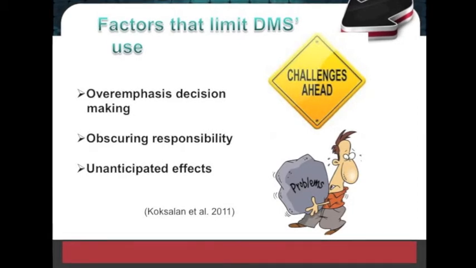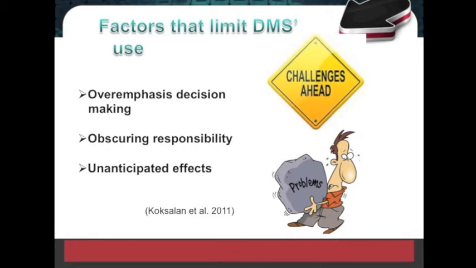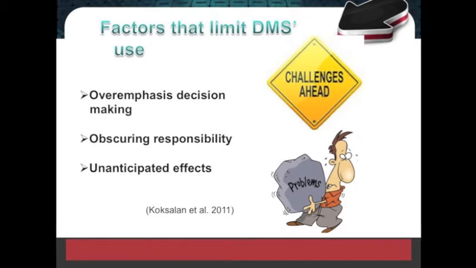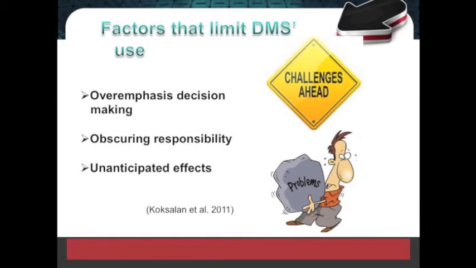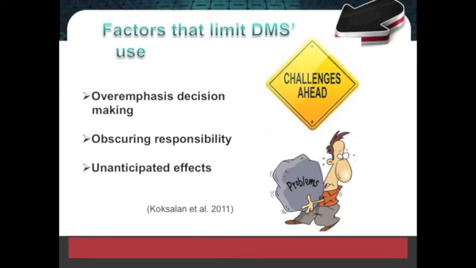The second one is obscuring responsibility, as some people may deflect their personal responsibility to the software because once the decision does not work well, no one can blame a computer. Finally, unanticipated effects might be a potential problem that limits decision-making software's use. This is because the system works based on data, and once the data is inaccurate, ineffective decisions might be made.